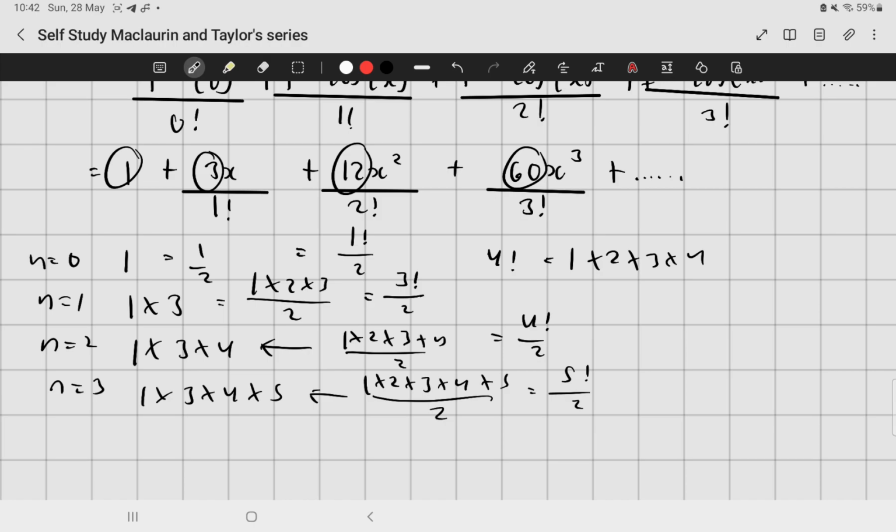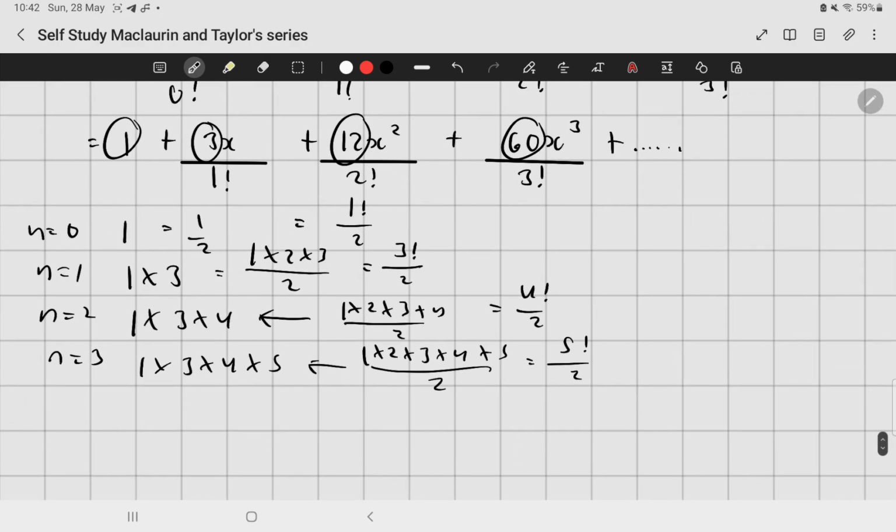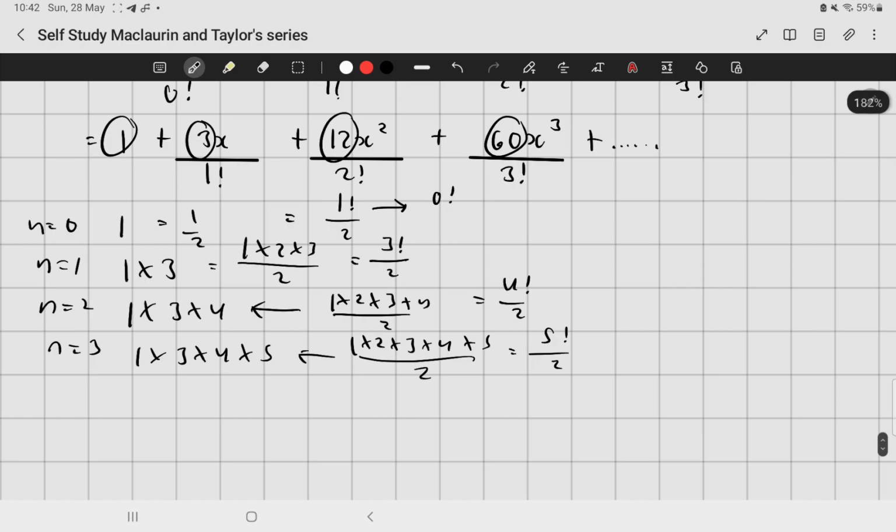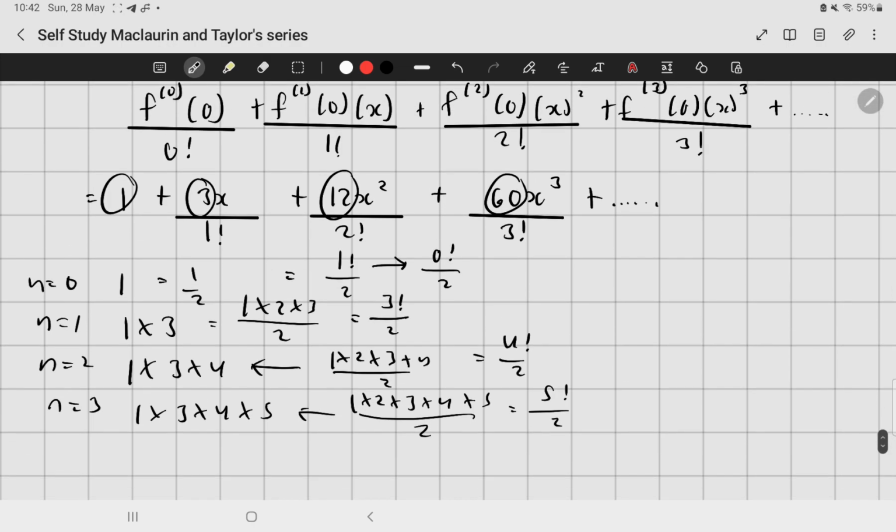Okay, so far so good. We are making progress now. Now we have to find the general term for it. We know that 1 factorial is also equivalent to 0 factorial over 2. Sorry, 1 and 0, n times 2 minus 1.